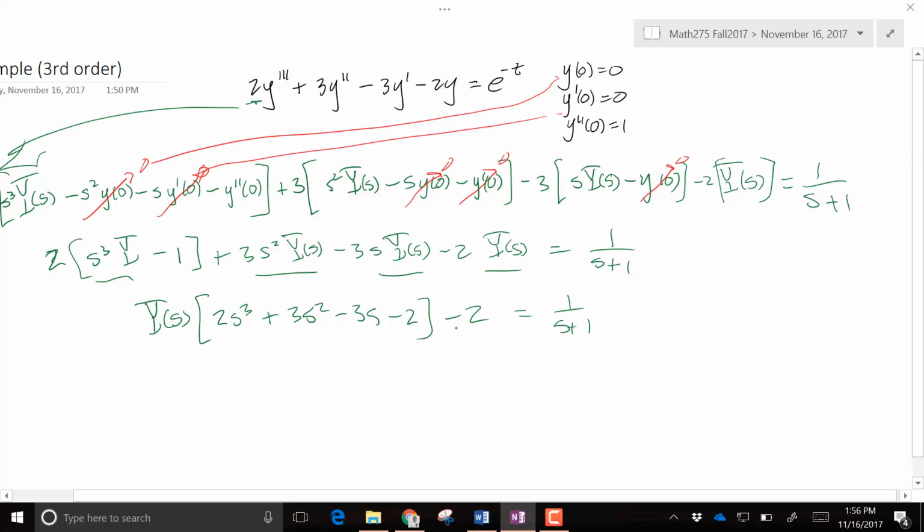So let's bring the 2 over to the other side, and let's divide out by this thing. So we got Y of s equals that first one, and then we have a minus 2 that became a plus 2 with this also denominator.